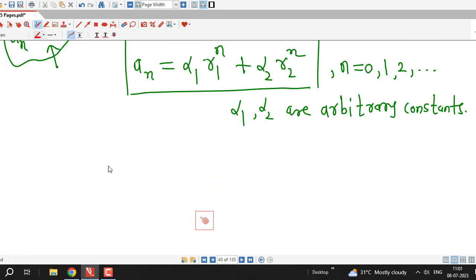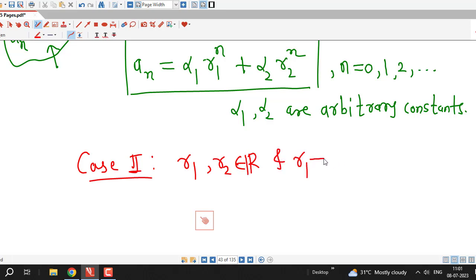Second case is, suppose I have case 2: r1 and r2 are real numbers but they are equal, that is, roots are real and equal. In the case of real and equal roots, we will modify these formulas because I have r1 equal to r2.